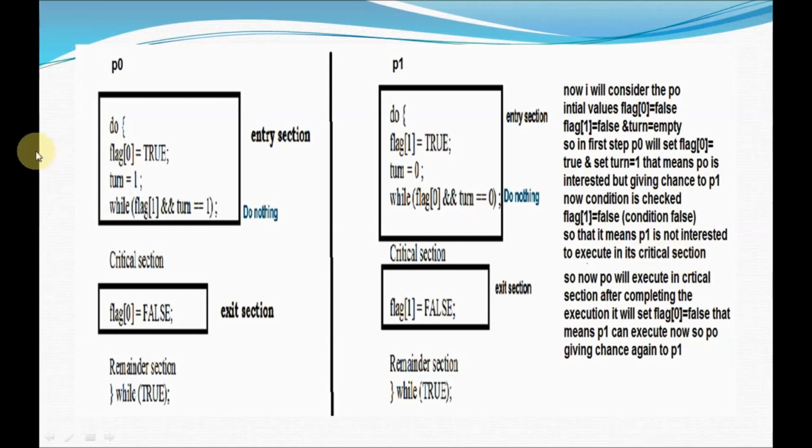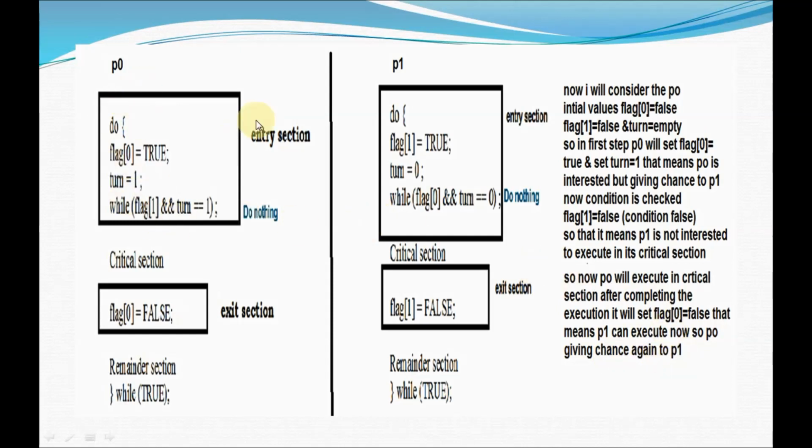Now if P0 executes in its critical section, remember the actual thing here: after completing the execution of its critical section, P0 changes the value of flag 0 to false. What does that mean? That means P1 can execute now, right? So P0 has given the chance to P1 again.